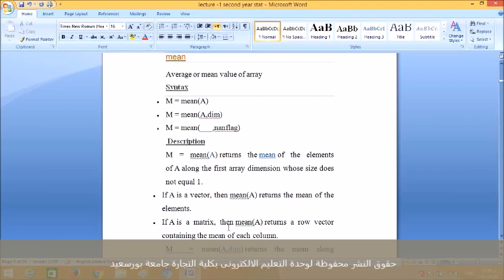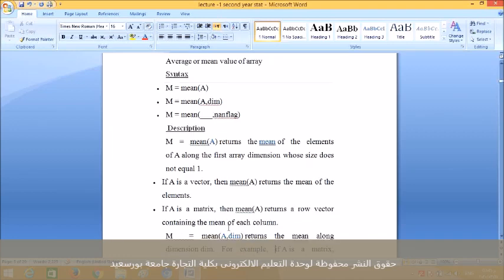Okay, so the default is mean of A for the columns of the matrix. But if you want to compute the mean of rows, you have to use this syntax and put dim equal to 2.